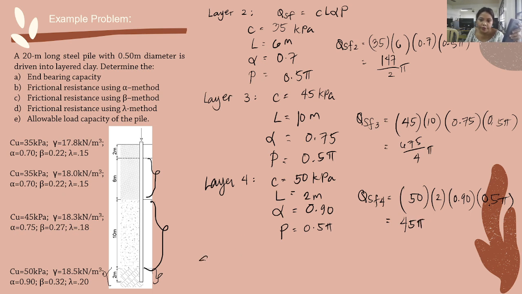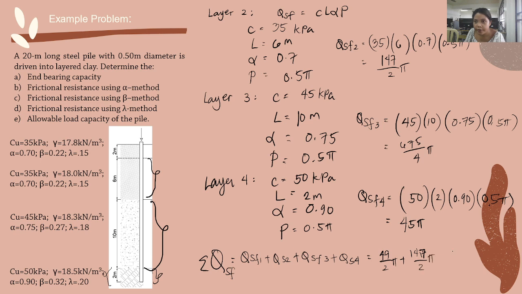And the summation of Q is equal to QSF1 plus QSF2 plus QSF3 plus QSF4. And ilan yun? Balikan natin yung una. We have 49 over 2 pi plus 147 over 2 pi plus 675 over 4 pi plus 45 pi.